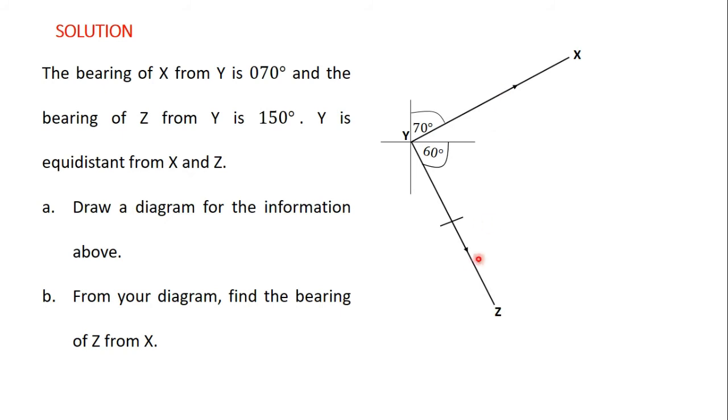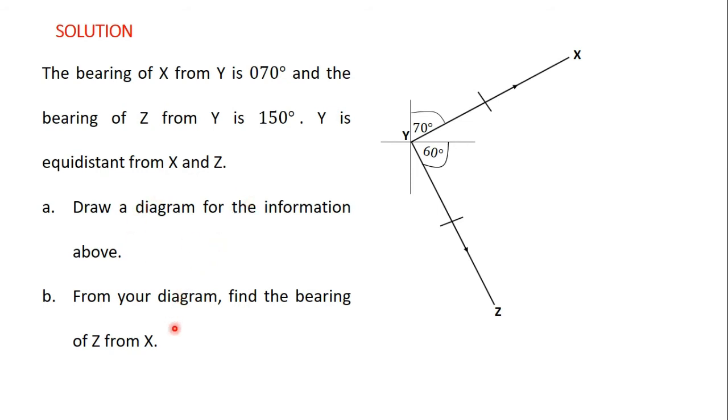So if I represent here with a bar, I'm going to draw another bar here to show that from y to x is the same as from y to z. So we have been able to represent this information on the diagram. So we have answered the first part of the question.